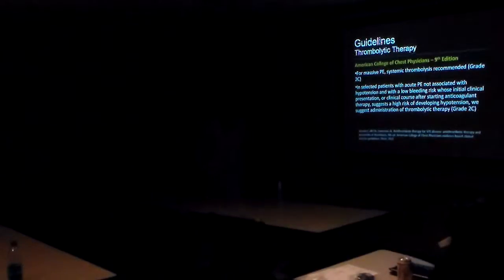So there are two societies that have made recommendations about PTE management, or probably more than two. The two most important ones, and of those, the most important one is probably the American College of Chest Physicians. This is the 9th iteration of their recommendations in 2012. And they recommend that for massive PE, defined as I just said, those patients should get systemic thrombolysis.